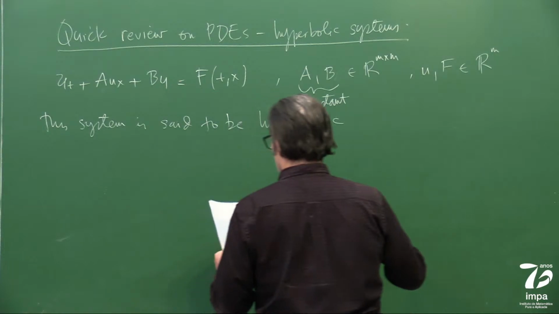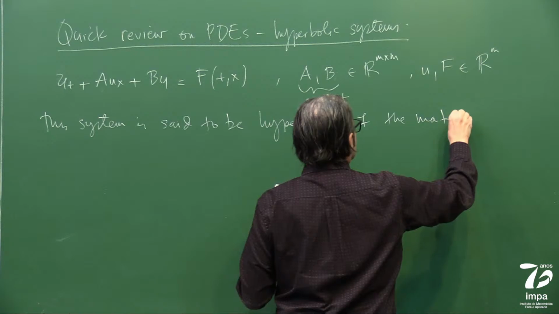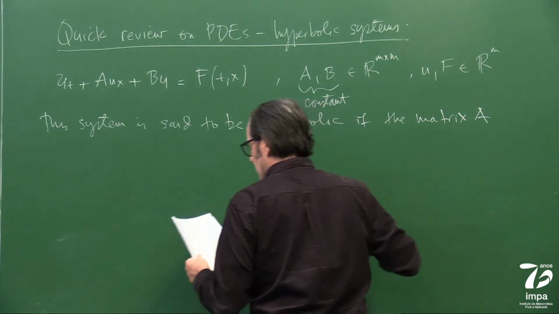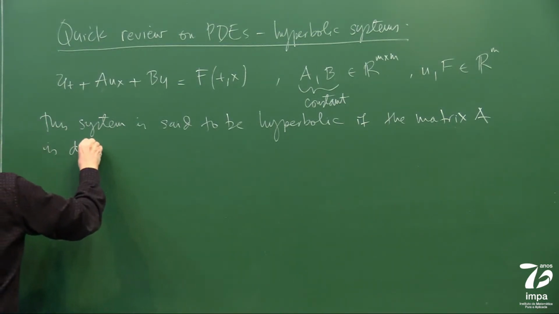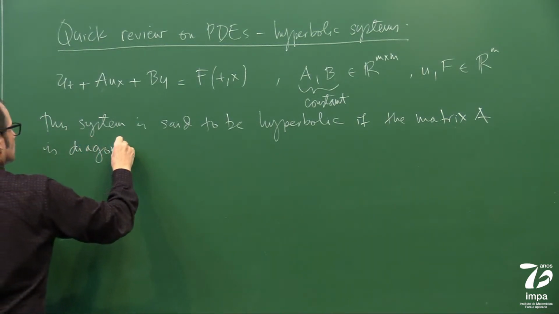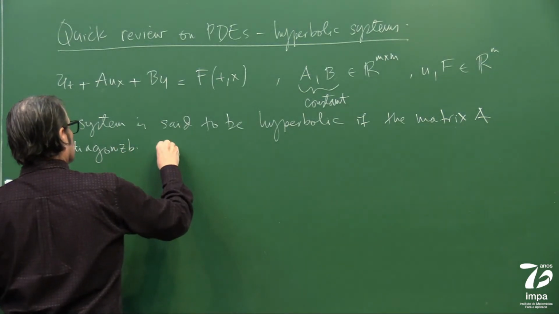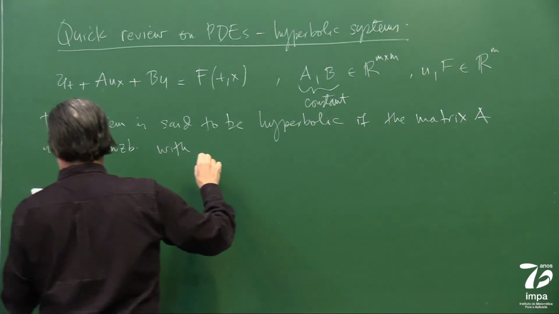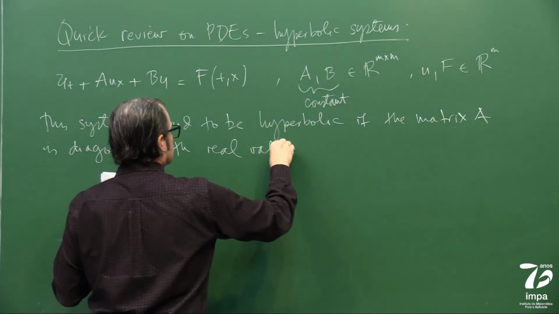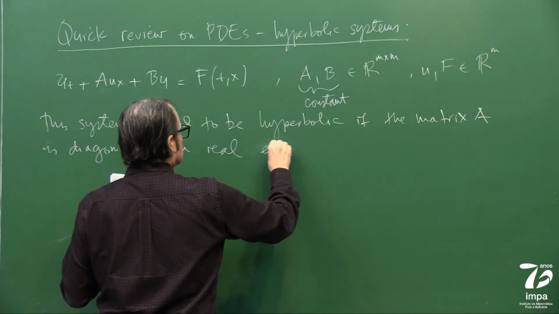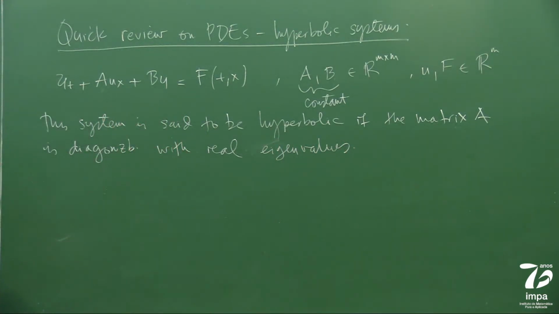It's hyperbolic if the matrix A, and I'll show you in just a second why, is, let me abbreviate, diagonalizable with real eigenvalues, okay?